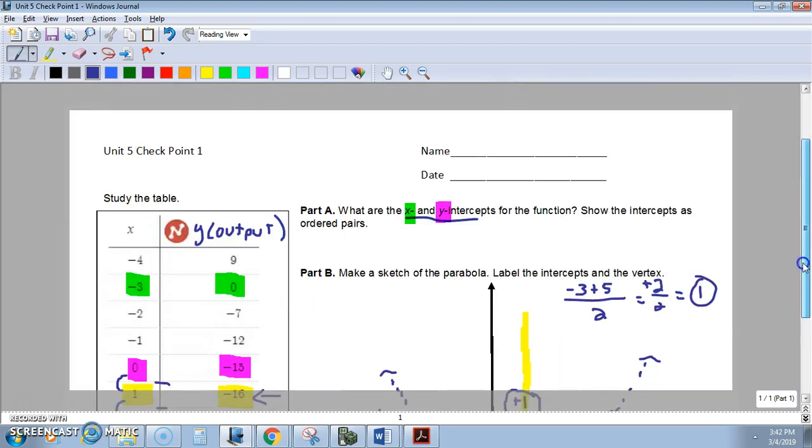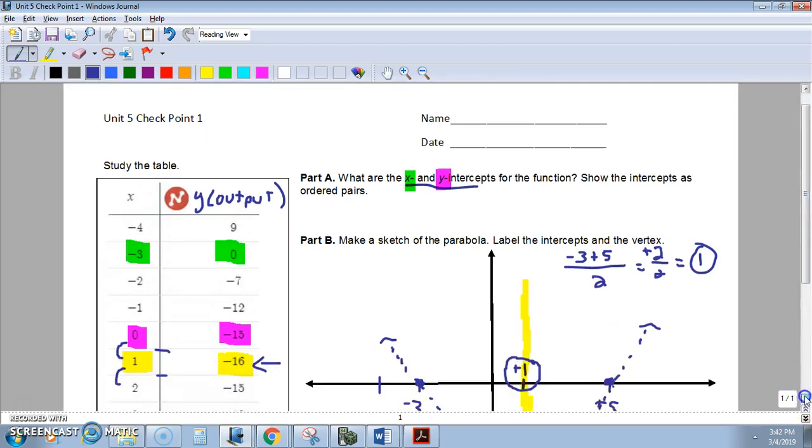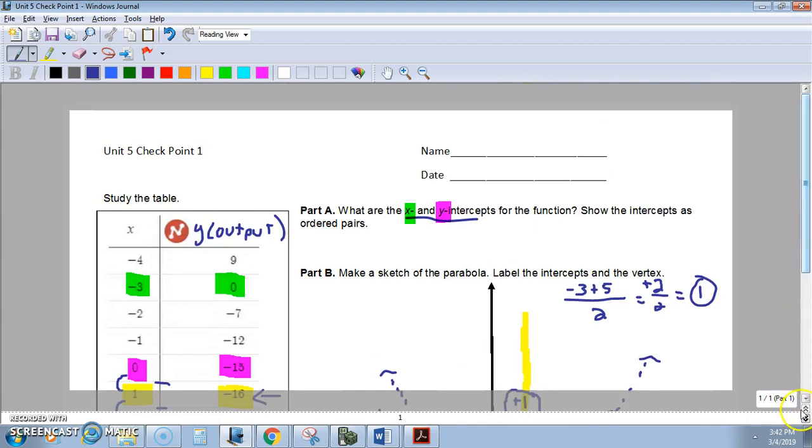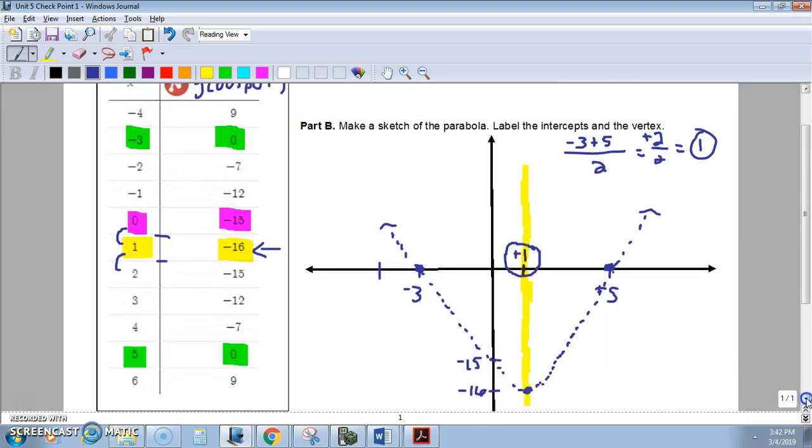Now let's talk about the situation. The situation is going to be easiest to see in the graph, okay? And we don't have a specific situation, but we know what's happening is that some number's going down, and then it's going to come back up.